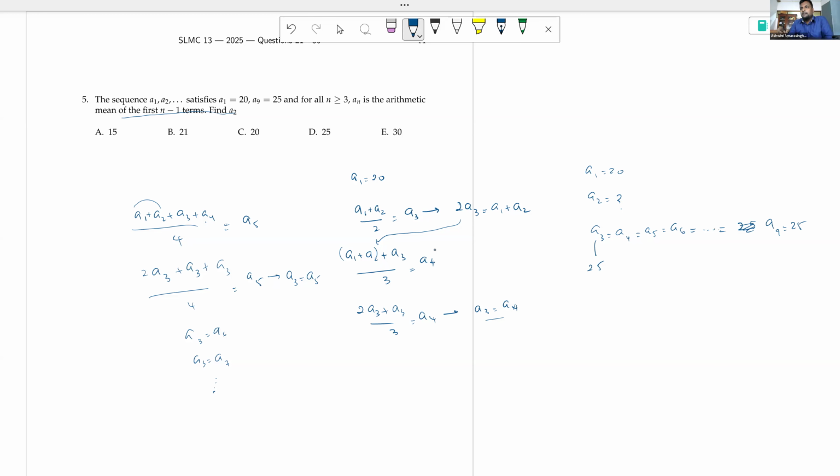So now you have a1 equals 20, a2 we don't know, a3 equals 25. And substituting in the second one, you get (20 plus a2) over 2 equals 25. So a2 is equal to 30.